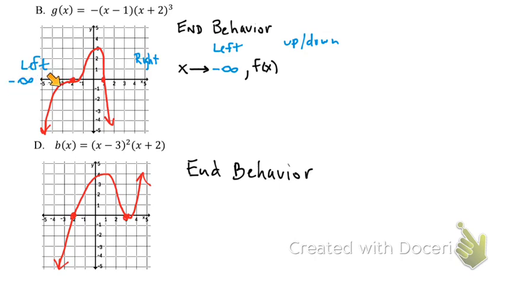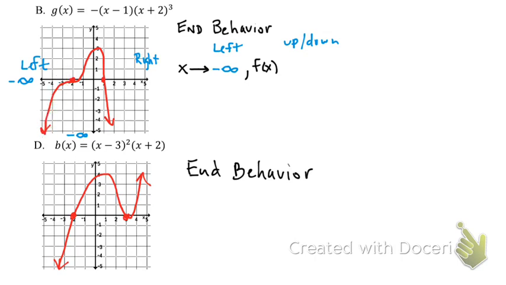On the left side, it's going all the way to the left, so negative infinity. And on this left side, it's also going down. Does it ever stop going down? Because of this arrow, the answer is no. It never stops going down. So since it never stops going down, that's called negative infinity going down.